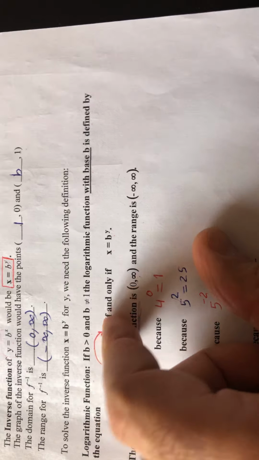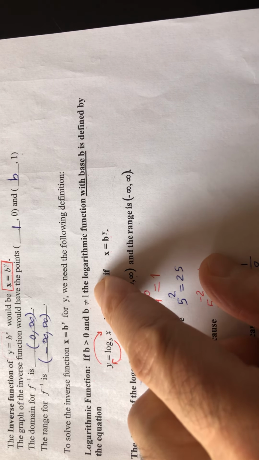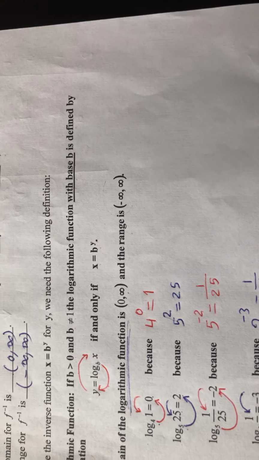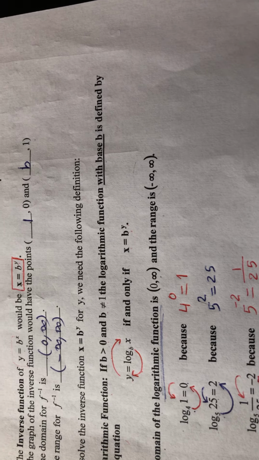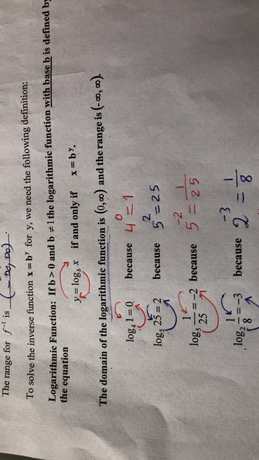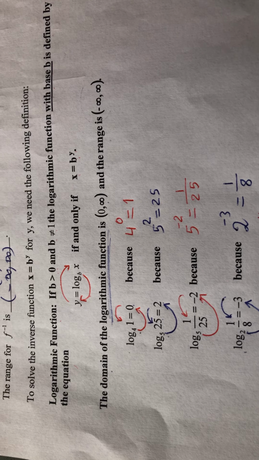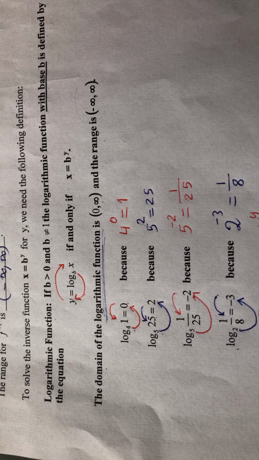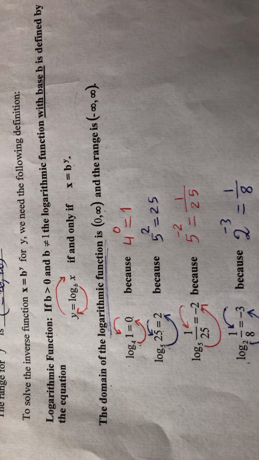If b is greater than 0 and b is not equal to 1, the logarithmic function with base b is defined by the equation y equals log base b of x if and only if x equals b to the power y.